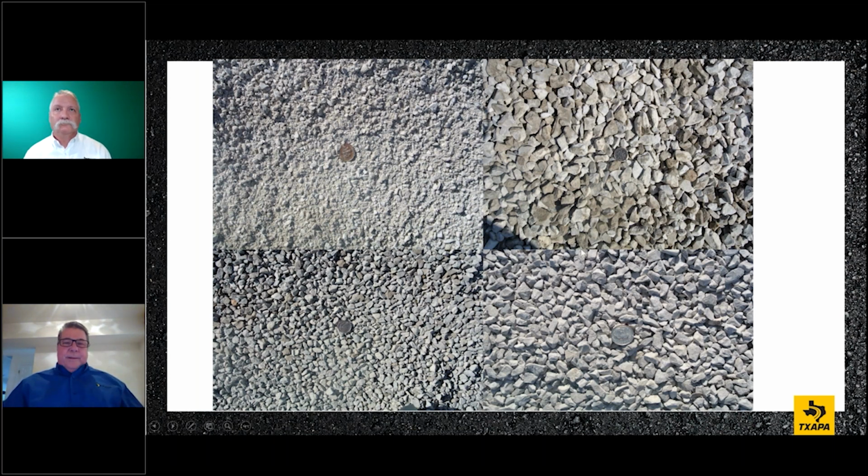That's exactly right. Looking at this, this is limestone material. These are the components of a Type D mix. You can see that we have some coarse aggregate, then some intermediate aggregate, then some fine aggregate. And in the fine aggregate, again, you can see how uniform it is. You can see the dime. There are no clay balls.